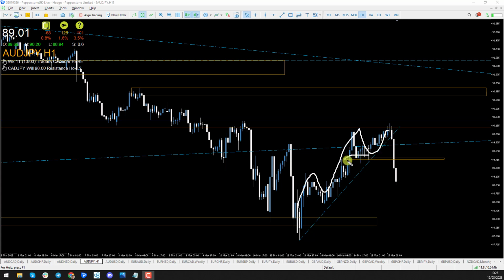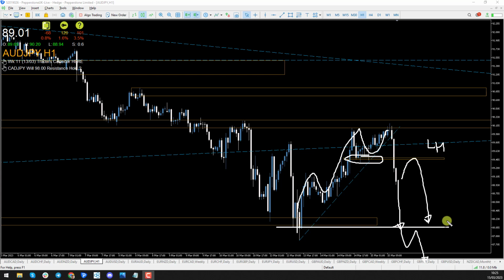We formed these lows in here, which is around the 89.50 handle, and that's what I'm going to be looking to target to see if price will come back and form a lower high. Because of the risk-off scenario in the market, it may not pull back. Price may just head towards the previous lows again and even break towards the 87.50 handle. So you've got to bear that in mind.